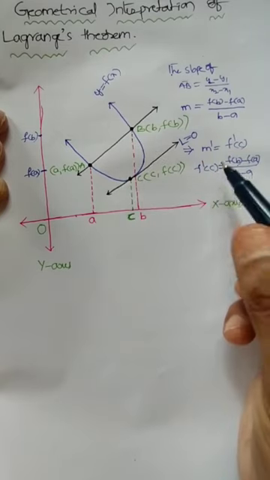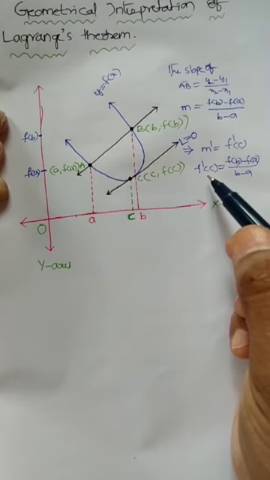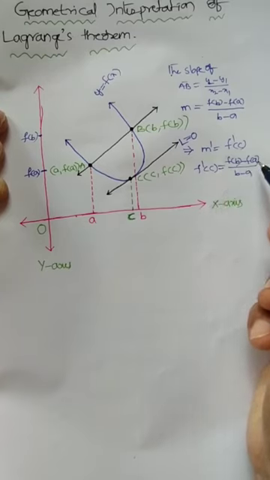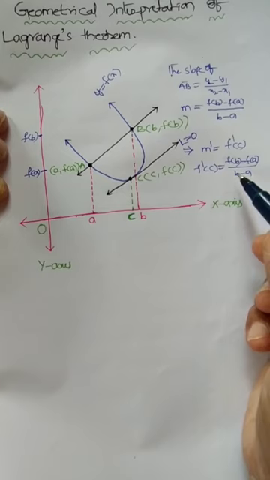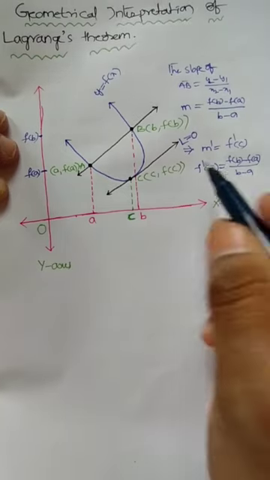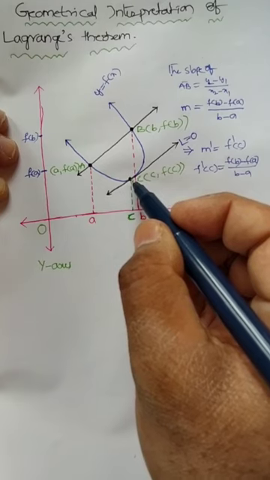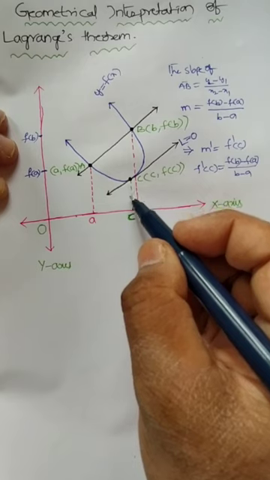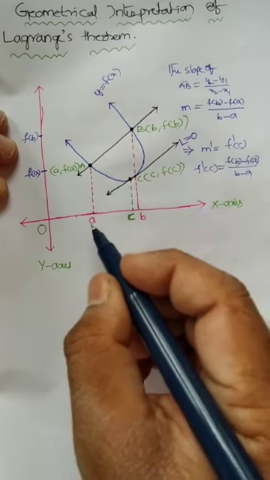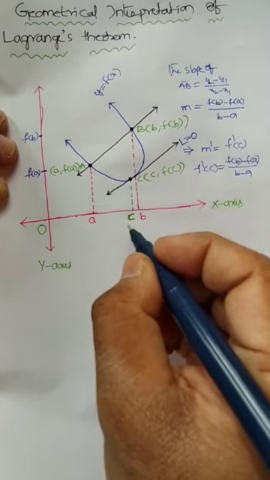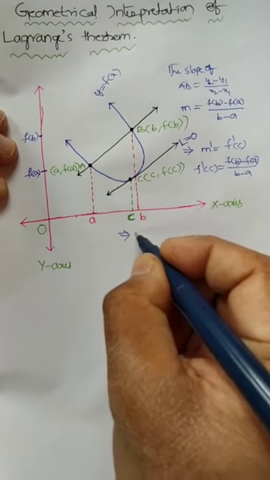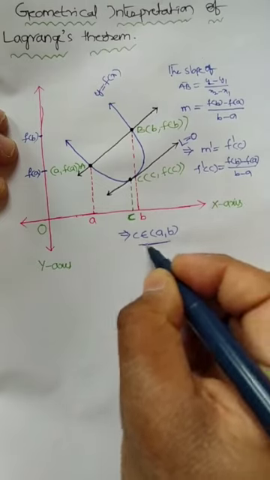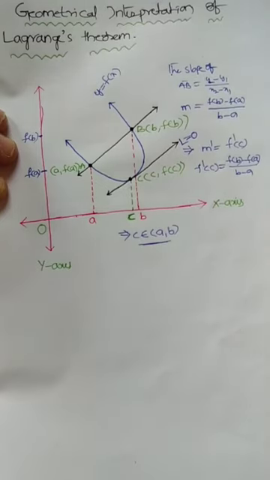So what is the condition for f dash of C? f dash of C should be equal to f of B minus f of A by B minus A. Then this condition happens. Where is our C? We have to look at that. The C point, when we draw a dotted line here, is in between A comma B, isn't it? That implies C belongs to the open interval A comma B. This proves our Lagrange's theorem's verification process.